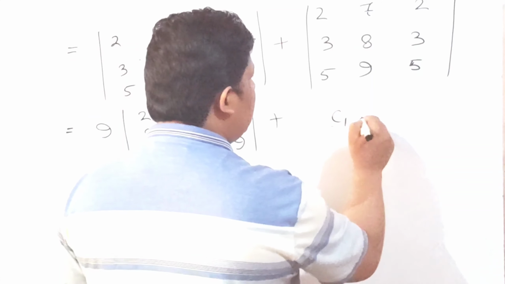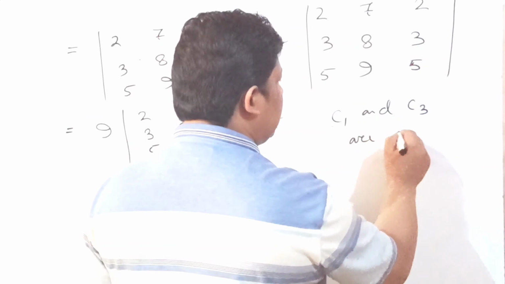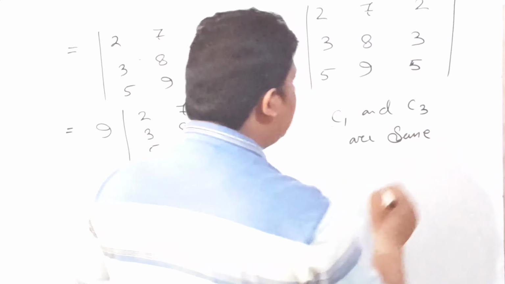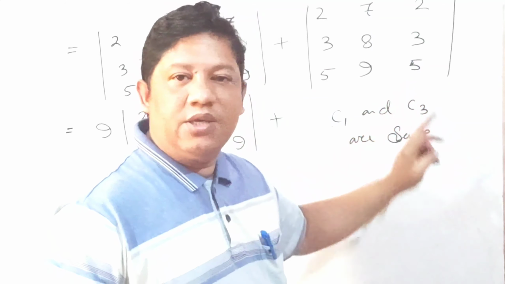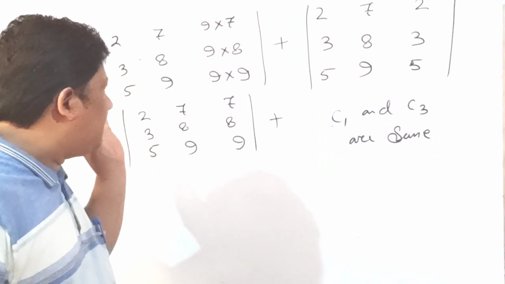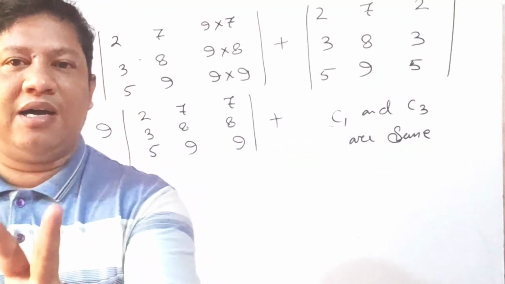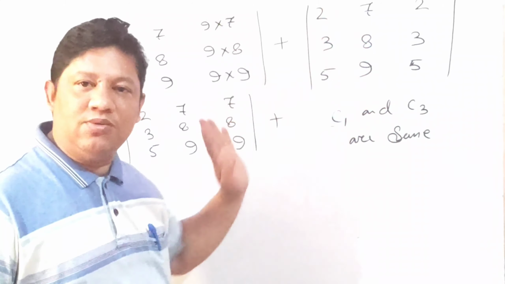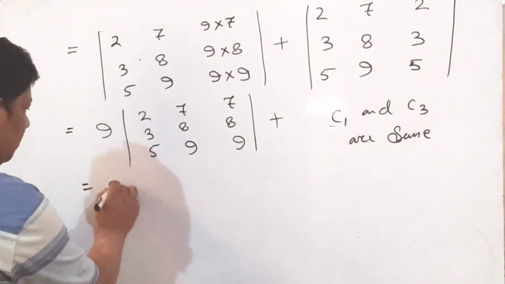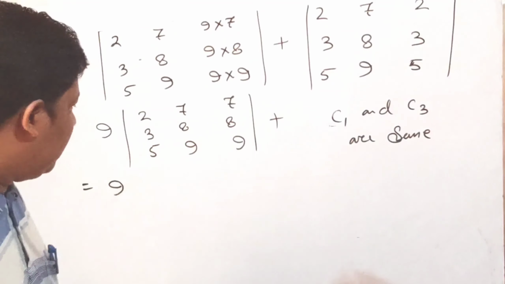Look at this: here C1 and C3 are the same, identical. Look at 2, 2, 3, 3, 5, 5. According to the properties of determinants, if any two rows or columns of a determinant are the same or equal, then the value of the determinant is 0.